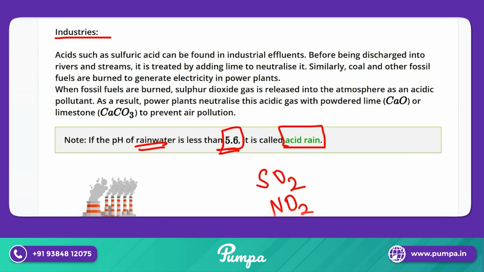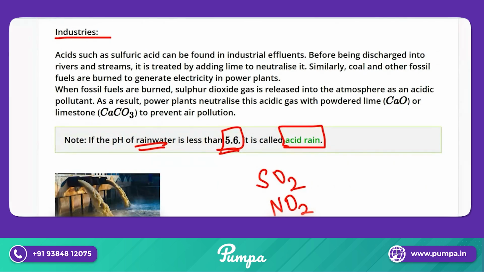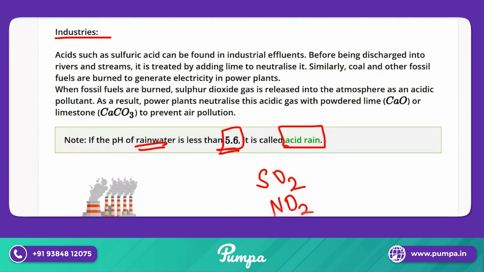Okay, so more than 5.6 means it's normal, like 5.8, 5.7? For example, is 6 acid rain or a normal one, ma'am? Which one? When it is 6 or 6.2?